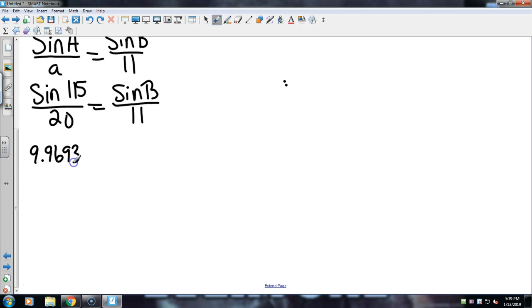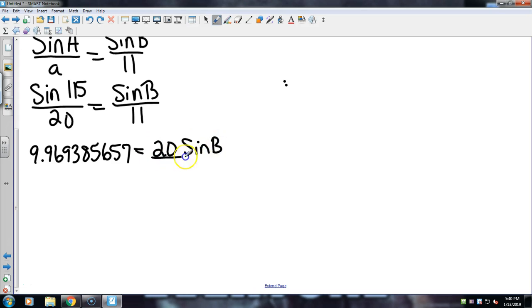Again, I'm showing you the long way. There's some calculator work that you can make this a lot easier. And then when I cross multiply that, that's going to be 20 sine B. So I left that in my calculator.